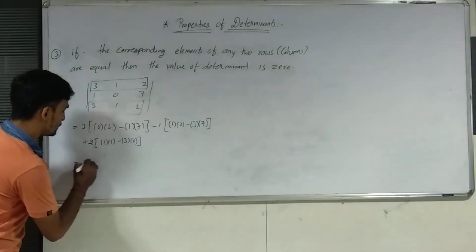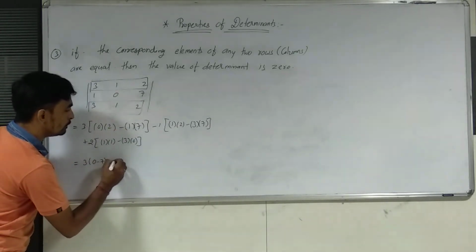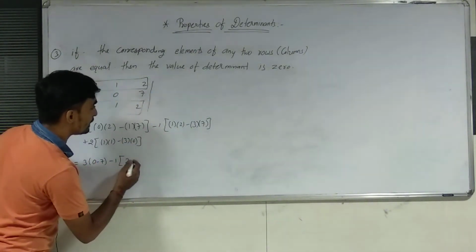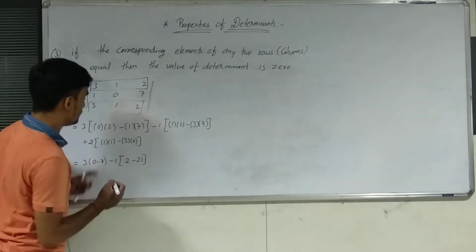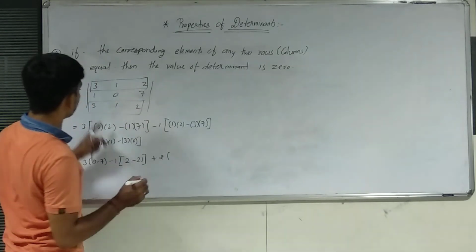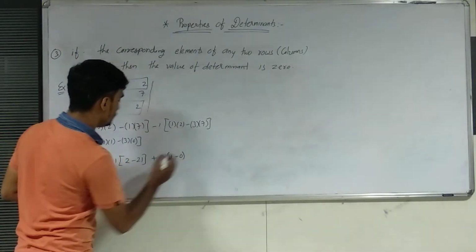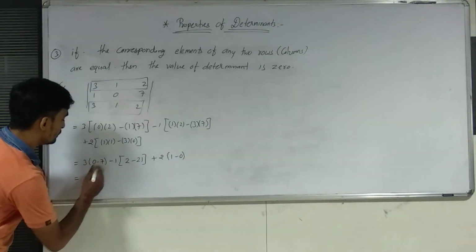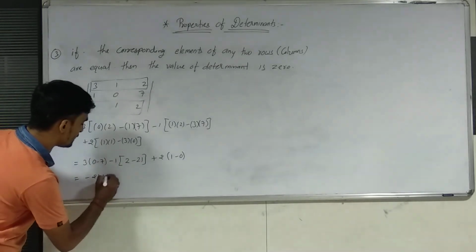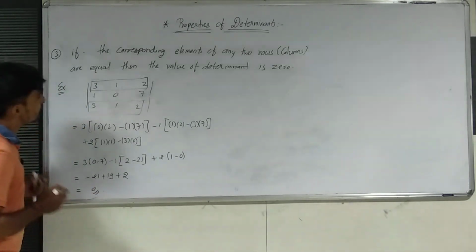Simplifying this: 3 into (0 minus 7) is minus 21, minus 1 into (2 minus 21) is plus 19, plus 2 into (1 minus 0) is plus 2. So minus 21 plus 19 plus 2 is 0.